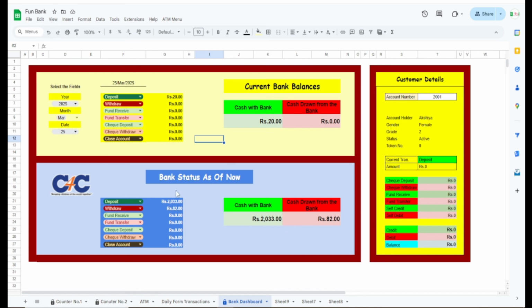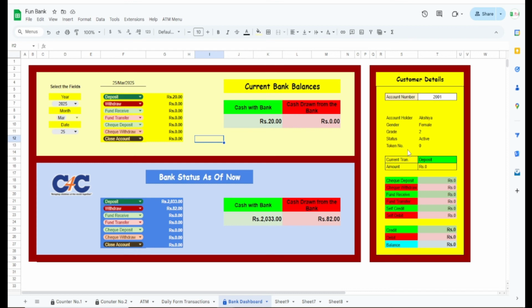Next, the bank status will be displayed here. How much cash do we have as of now, since the beginning when the bank was initiated, the total cash that we have, and the total withdrawals as of now will be there.